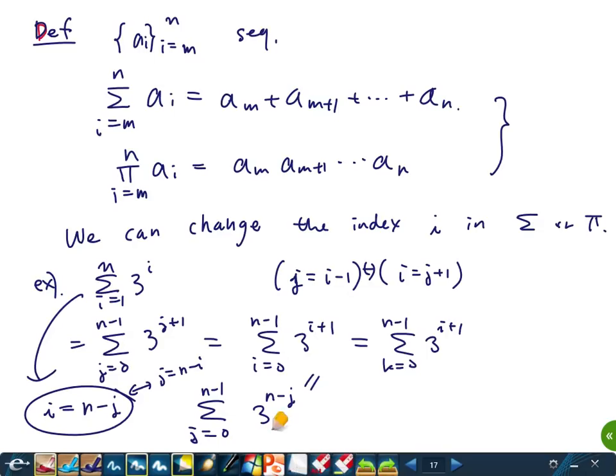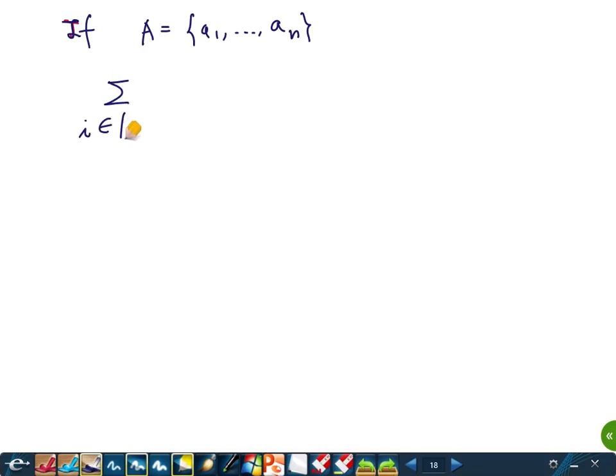And also we have a more general summation notation, not just over integers like this. Suppose A is a set of elements like this. If it's a set, then we can also have something like the sum over i in A of i. What does this mean? For every element in A, we add that.